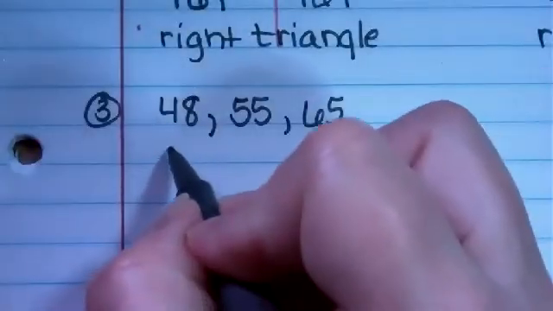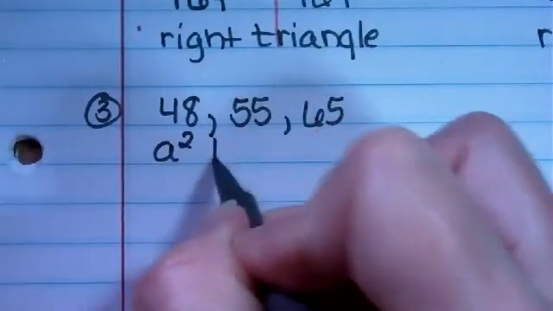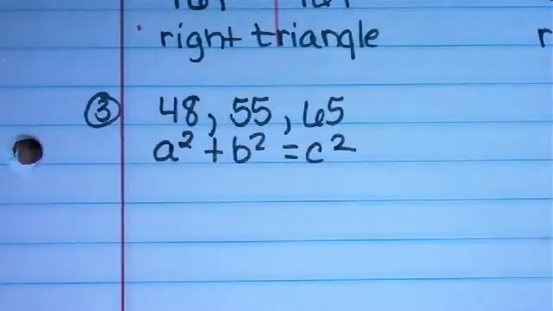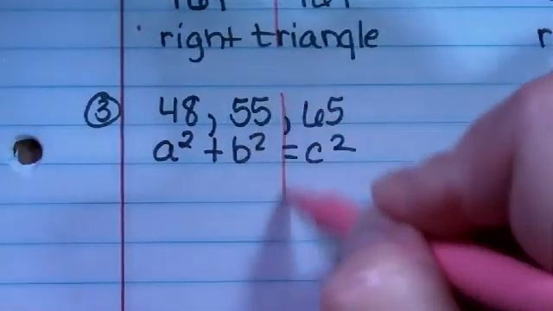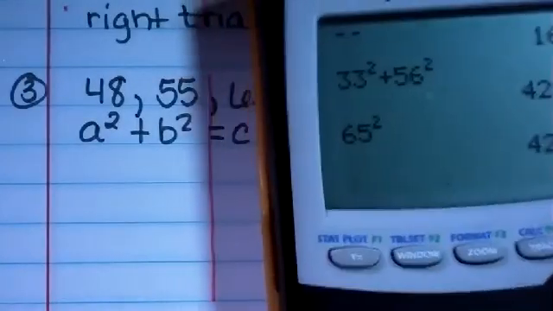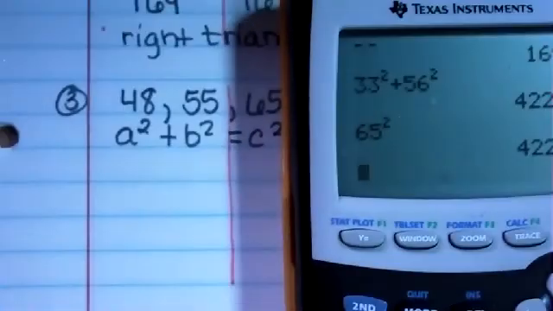Now, A squared plus B squared equal to C squared. And put in my river right here. We're just speeding this process up a little bit because I'm going to slide this over.